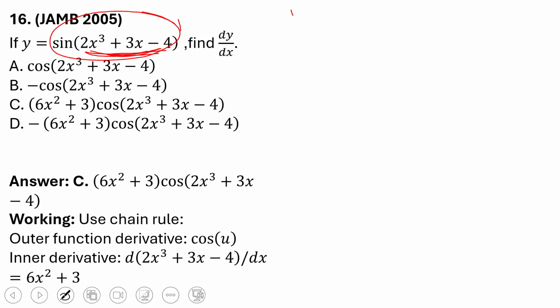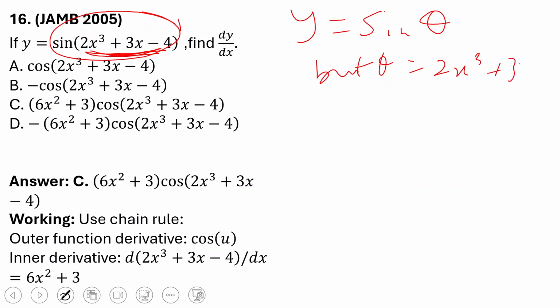So I can write this and say y is equal to sine theta, but theta is the same thing as 2x cubed plus 3x minus 4. So theta has its own function, and y is a function of theta.